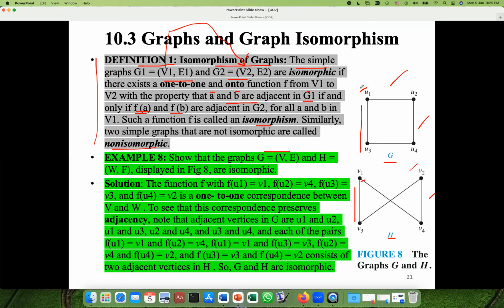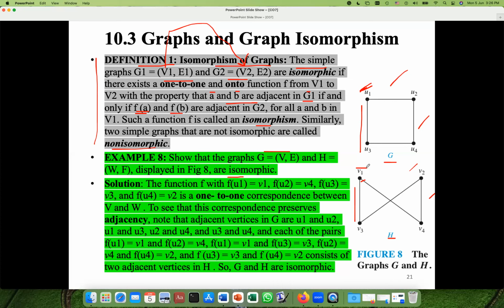We are going to start randomly, without wasting time, with U1. If it is U1, you have to find its equivalent in graph H after applying the function. Suppose the image of U1 is V1.